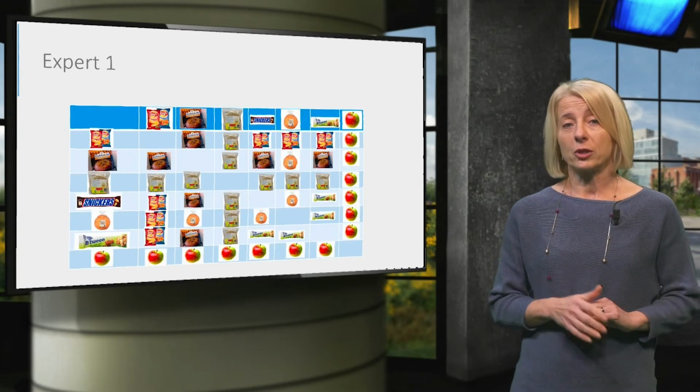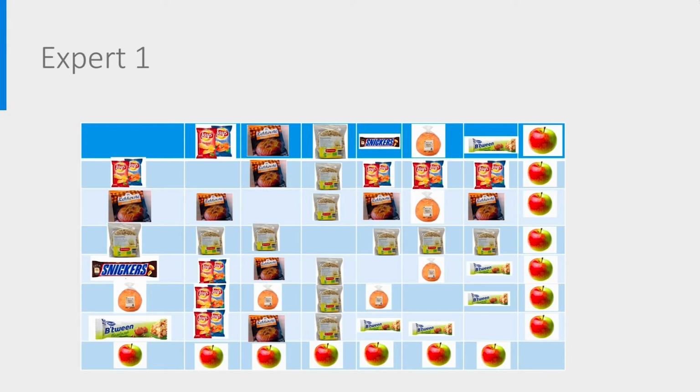Let's look at the results of comparisons provided by expert 1. We can see in the second row of this table that he chooses an almond paste cookie over a bag of crisps. Similarly, a rice cookie is preferred by the expert over crisps.